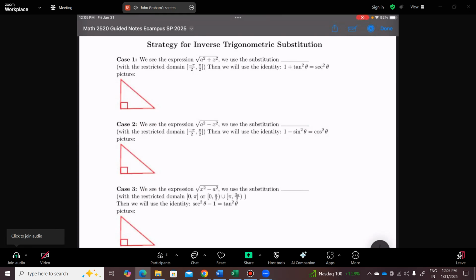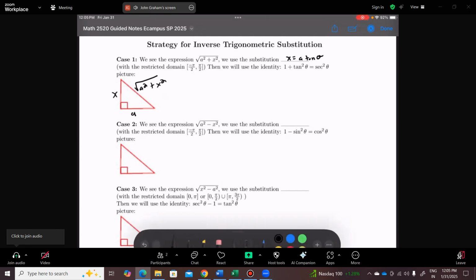Alright, so for these again, I'm going to go through why we use them. So square root of a squared plus x squared, we use that as x equals a tangent theta. And it's because it will lead to secant squared theta. And if you think about it, this is going to be your x, this is your a, and this is your square root of a squared plus x squared. So it's just the Pythagorean theorem.